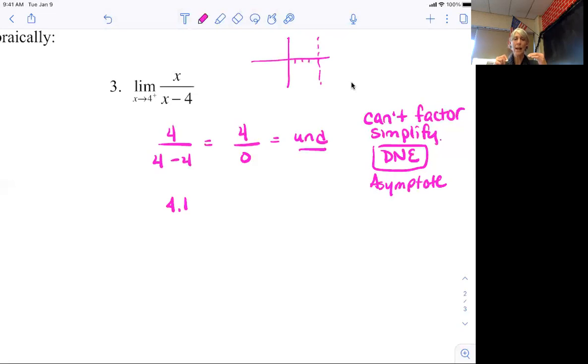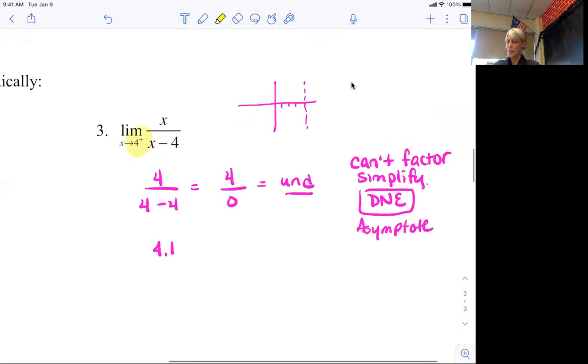So I want to know now, when I plug in numbers a little bit less than 4 or a little bit greater than 4, which is this example here, what's happening to the graph? Is it going to positive infinity? Or is it going to negative infinity? That's our question.